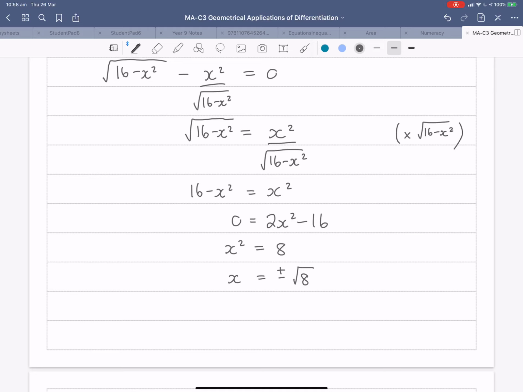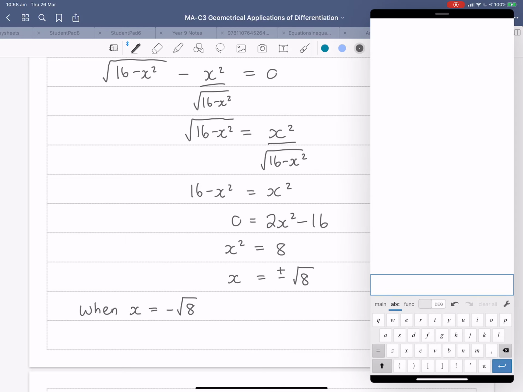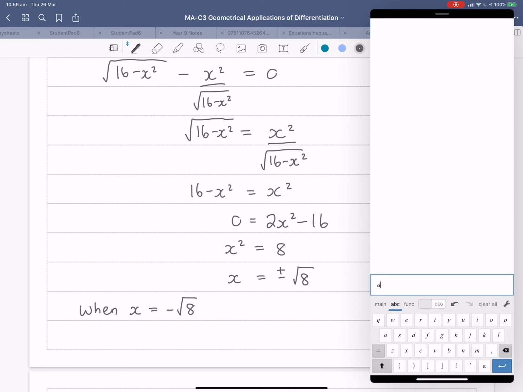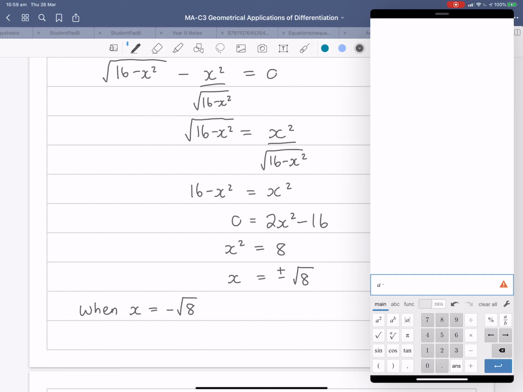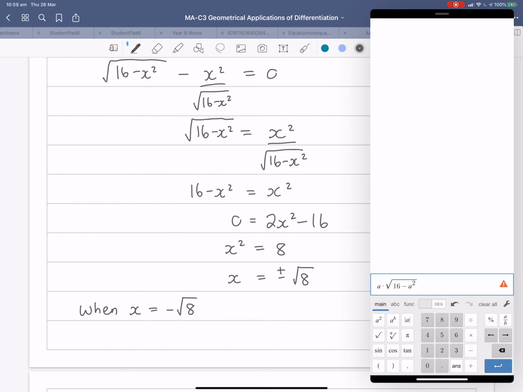So let's find our y coordinates. I'm going to put this in as a formula. So it is x, which I'm calling a, times a square root, 16 minus a squared.